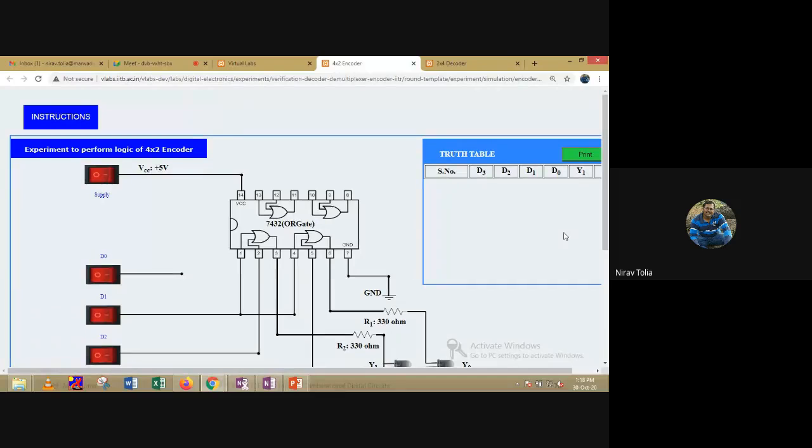Then let's move to the encoder. The encoder generally works perfectly. Wait for 1 minute.